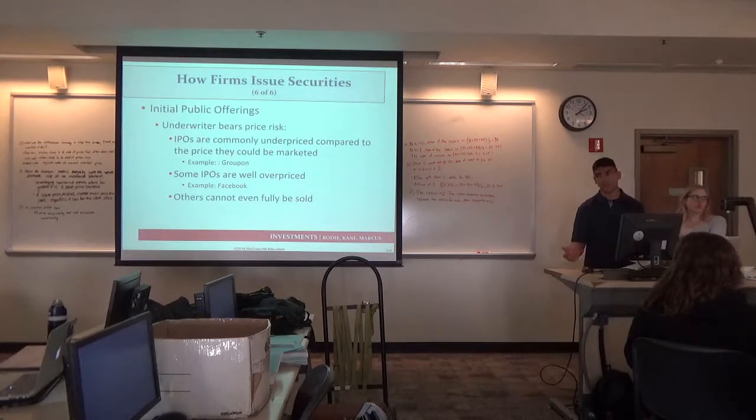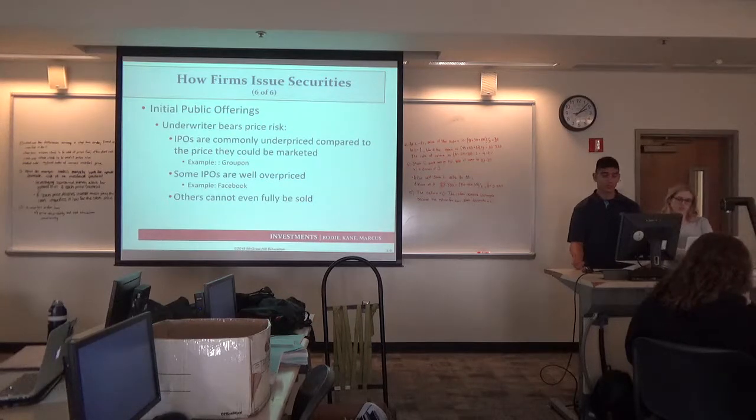The same would be true if the market could only support $25 and you put it at $30: you are overvaluing it, and then you're not going to be able to sell as much. So the whole scouting report phase is really important to gauge the actual demand and what people are able to pay. Groupon, for example, underpriced their IPO, and Facebook, when it came out, overpriced their IPO.